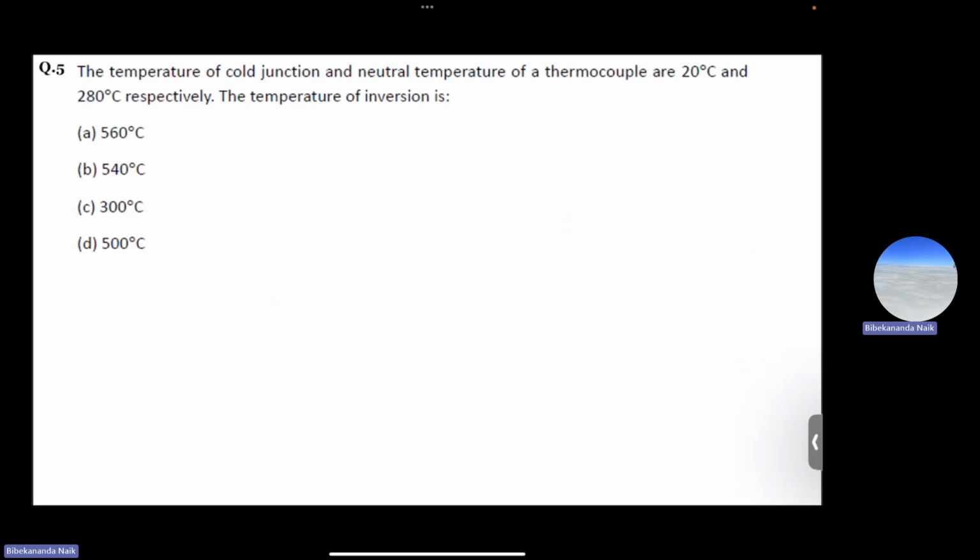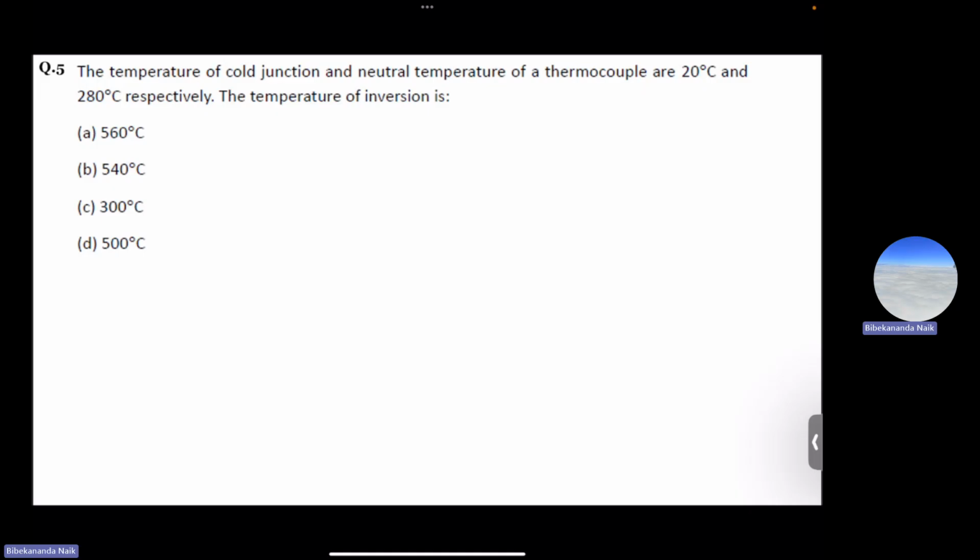Now we move to question number 5. It says the temperature of the cold junction and the neutral temperature of a thermocouple are 20 degrees Celsius and 280 degrees Celsius respectively, then the temperature of inversion is: option A 560 degrees Celsius, option B 540 degrees Celsius, option C 300 degrees Celsius, and option D 500 degrees Celsius.